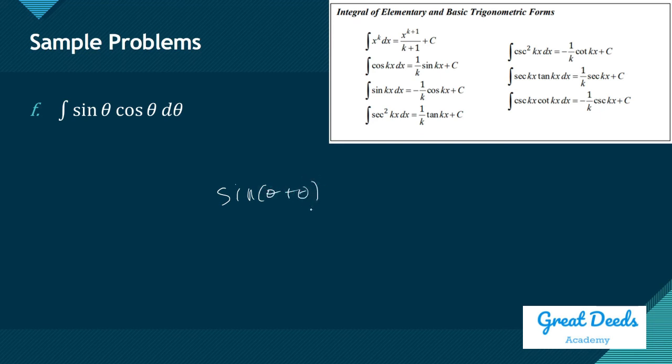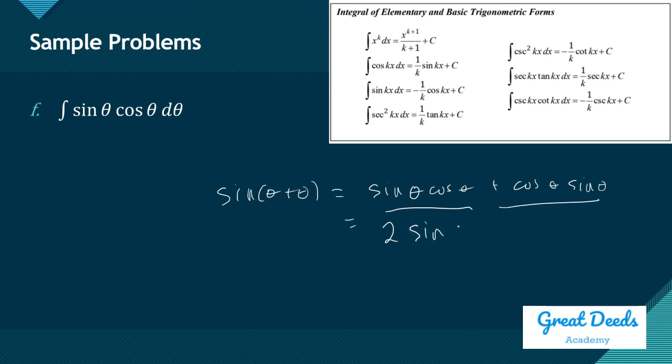This one is sine of 2 theta, but I wrote it as sine of theta plus theta. That is the same as sine of 2 times theta. I hope that you can still recall this. When I was a student, I memorized this as sine cosine plus cosine of theta times sine of theta. These two are the same. So this is equal to 2 times sine of theta times cosine of theta.